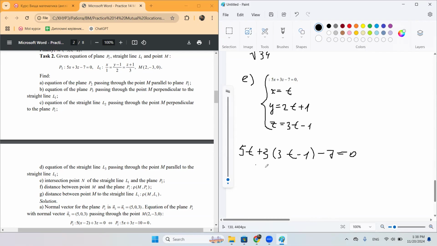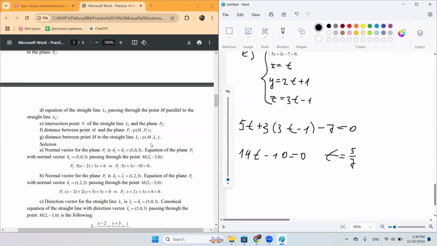So 5 plus 9, 14t minus 10 equals 0. So t equals 10 by 14, it equals 5 by 7. Yeah, so we can reduce it.